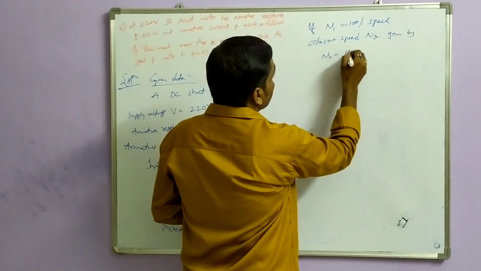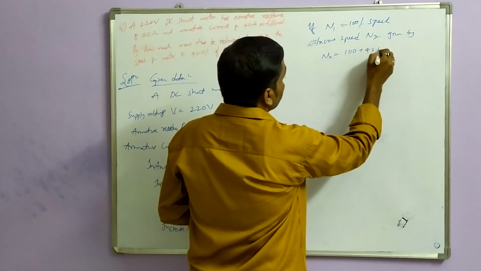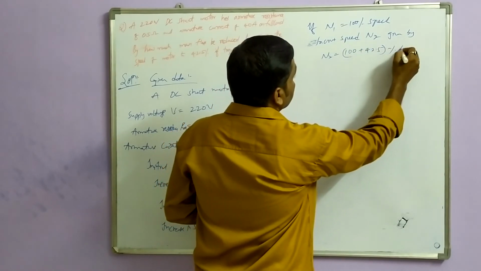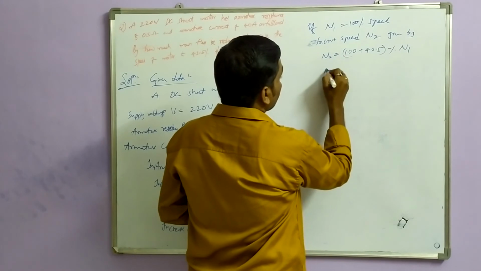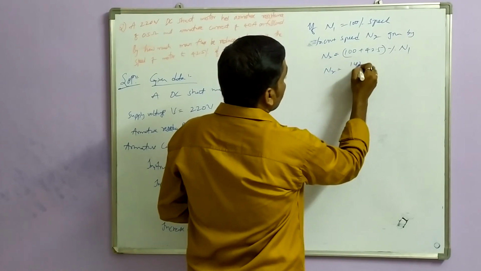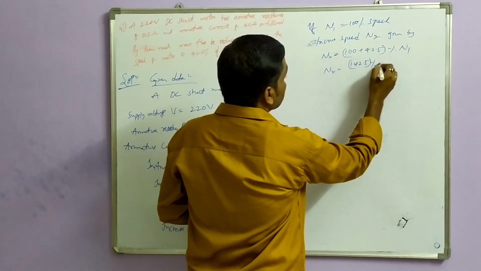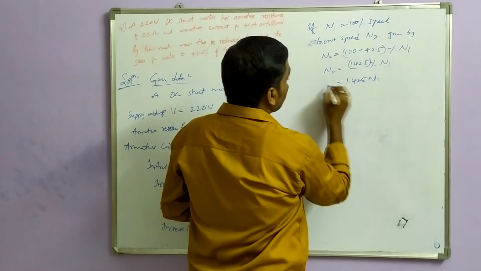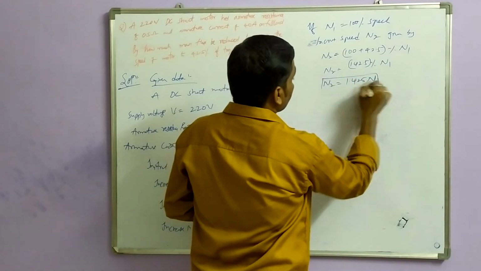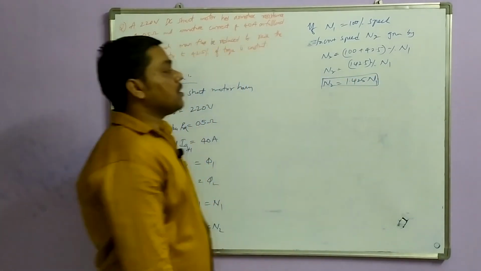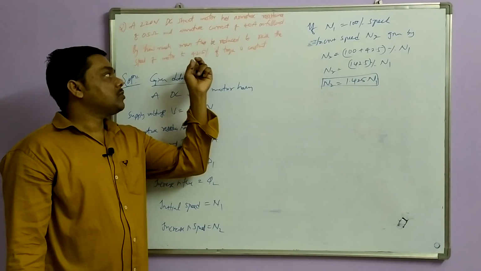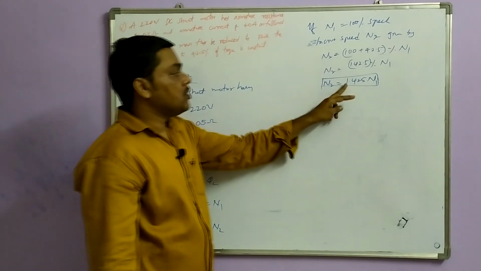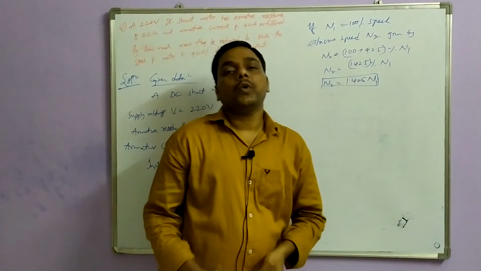So N2 is equal to 100 plus 42.5% into N1. So N2 is equal to 142.5% into N1, nothing but 1.425 into N1. This is in terms of percentages, but the actual value is 1.425 into N1.